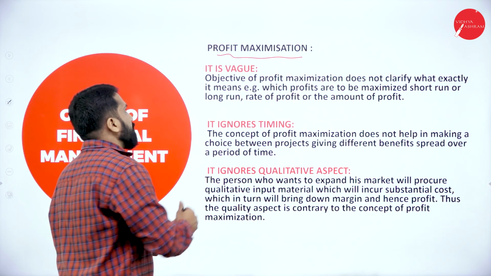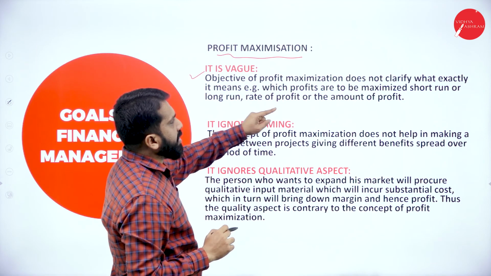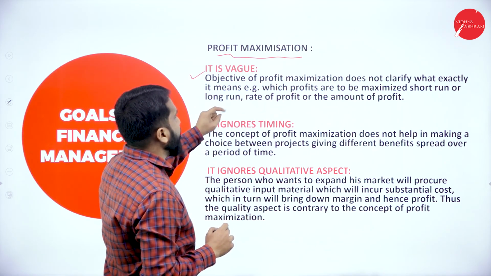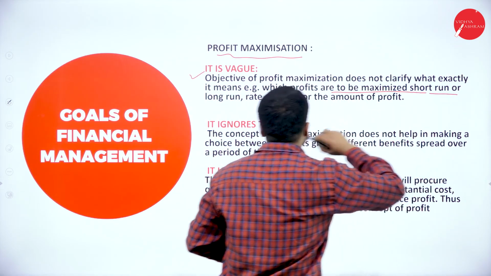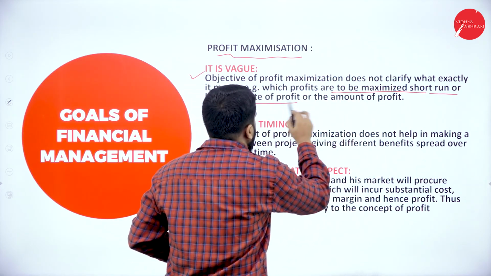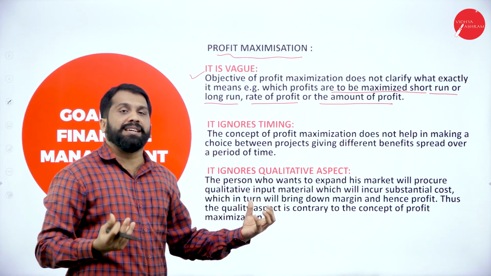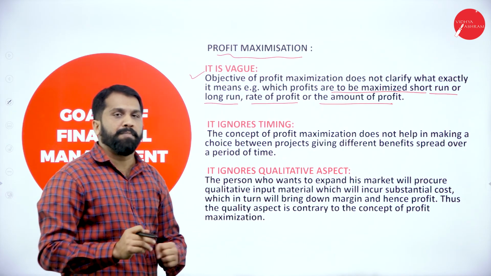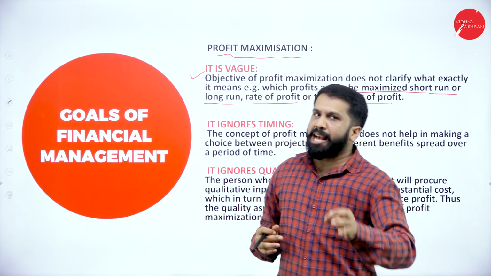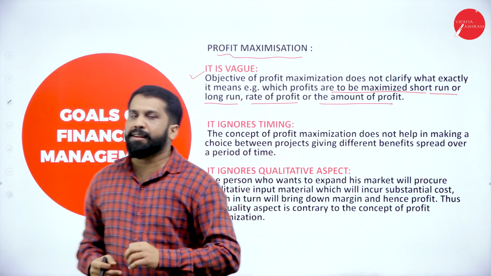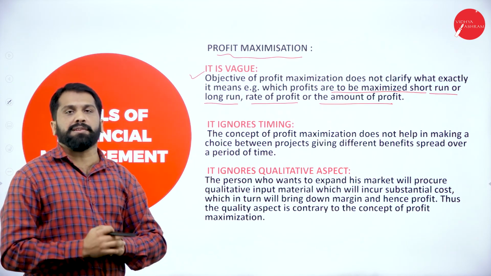What are those? Now, first one, it is vague. The objective of profit maximization does not clarify what exactly it means. Example, which profit is to be maximized, short run or long run, rate of profit, amount of profit. Now, vague means it is not clear, it is biased, confusing. So your manager or owner says that this time we should make huge profit, but he will not say how we should make it, he will not explain.